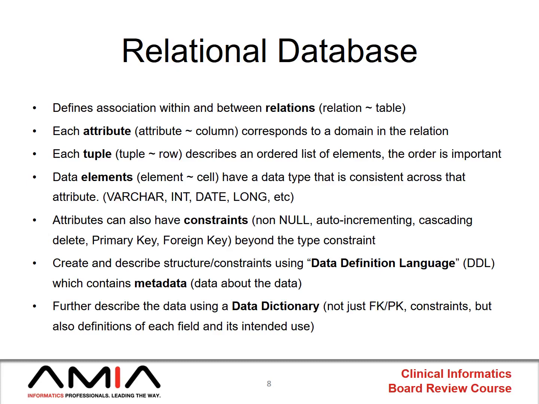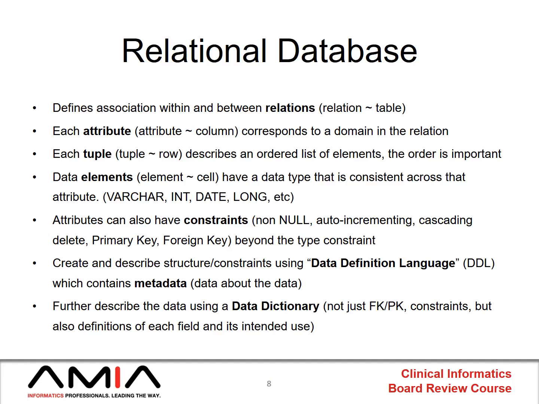And then the most significant type of constraint are these primary key and foreign key relationships. We're going to spend a lot of time talking about what those mean. But basically, that's the foundation of how you coordinate or relate these tables. That's the relational part of relational database, as it's described through primary and foreign keys.